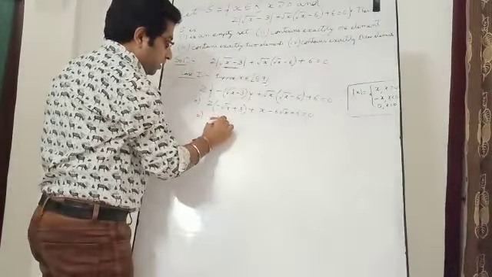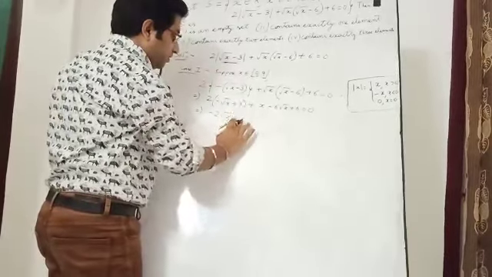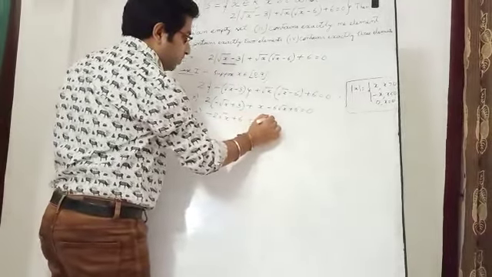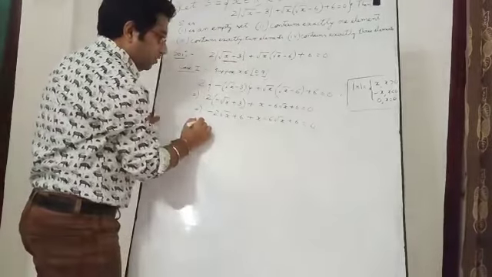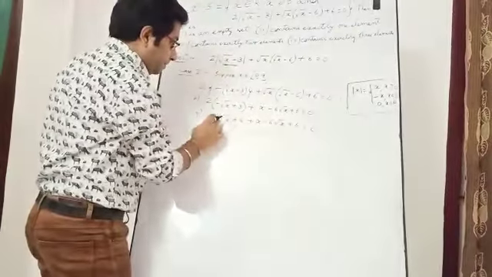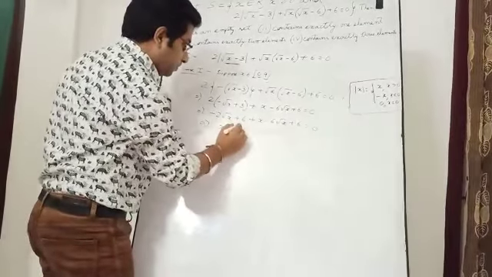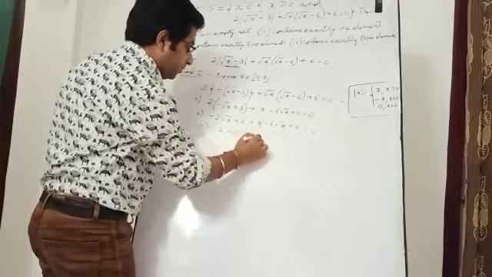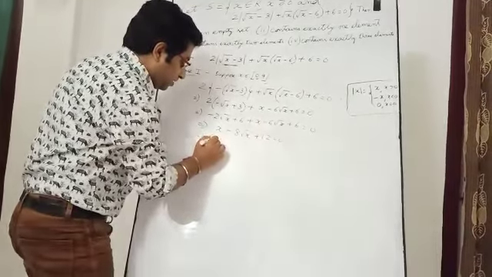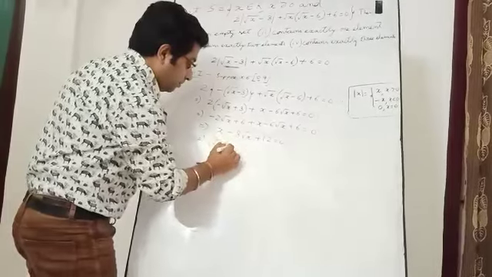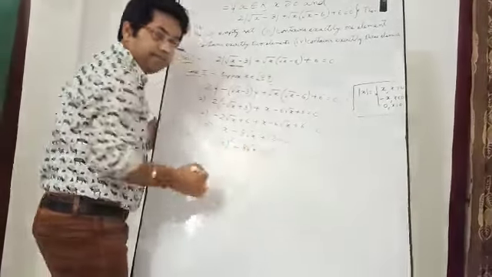So minus 2 root x plus 3 minus 2 root x plus 6 plus x minus 6 root x plus 6 equal to 0. So here you got x minus 8 root x plus 12 equal to 0. So we can write this one as (root x) whole square minus 8 root x plus 12 equal to 0.